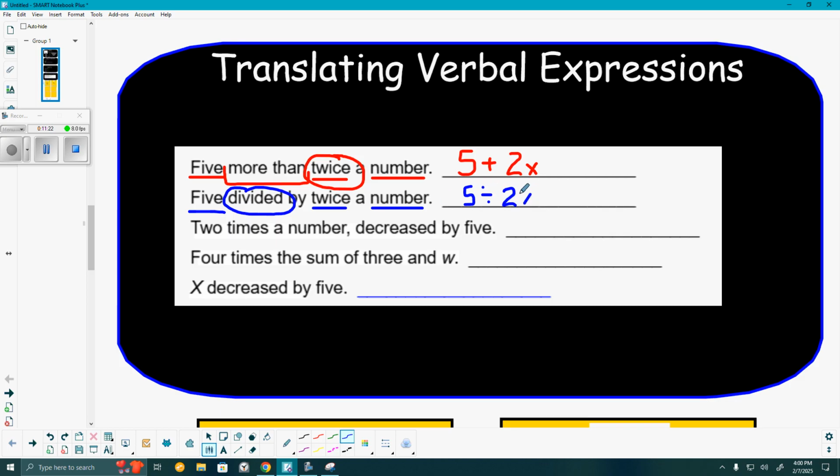We had that same one up here, so we know it's 2x. 2 times a number decreased by 5. 2 times a number, well, we know that's 2x, decreased by 5, minus 5.